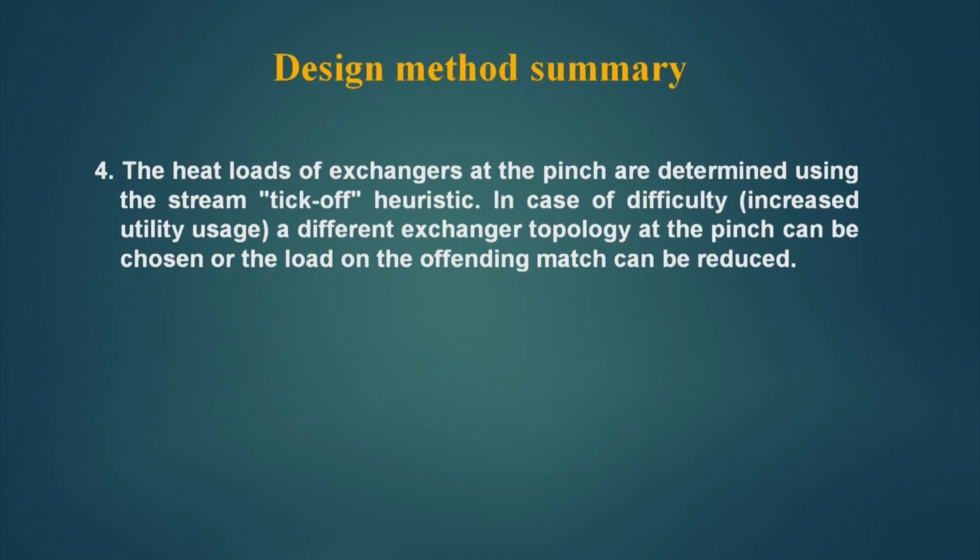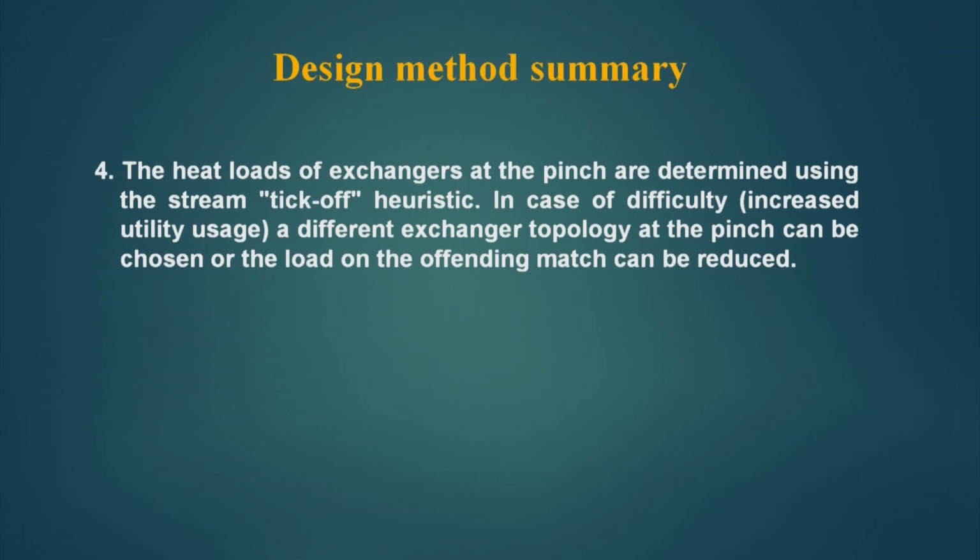So, an engineer is free to choose, but he will select in such a way that area targeting or the hot utility, cold utility targeting do not increase much. The fourth, the heat loads of exchangers at the pinch are determined using the stream tick-off heuristic. This is necessary to control the number of heat exchangers in the HEN, because if the number of heat exchangers increases, the cost of the HEN will increase.